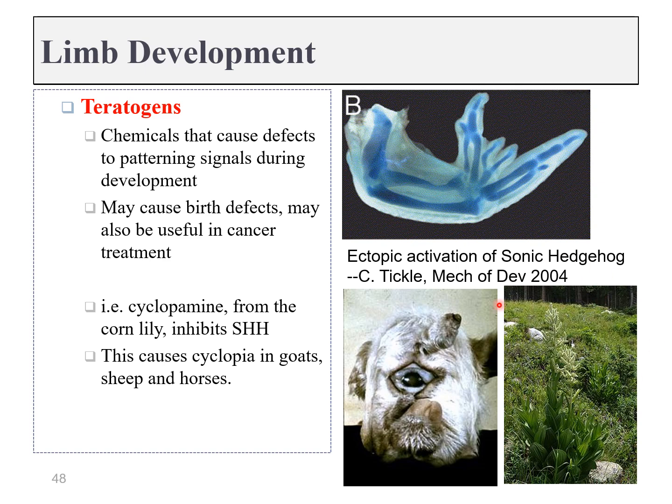It is found in the California lily, and ranchers on the West Coast know to remove this plant from their fields, because if a pregnant cow or sheep were to eat it, their babies would be cyclopic. That's because a chemical in this plant inhibits sonic hedgehog. Therefore, the developing fetus does not know what is the more medial versus the more lateral edges of its body, and everything winds up being centered.